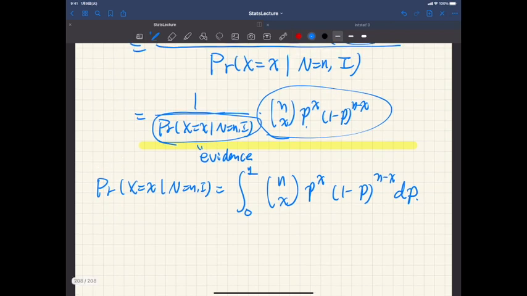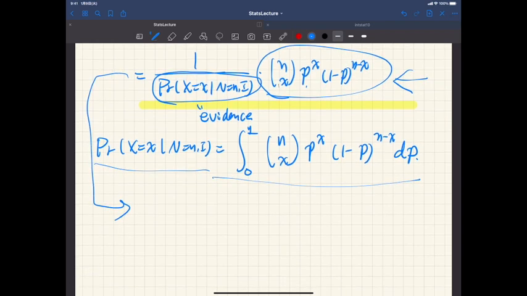If we put this expression into this equation, the n choose x part will cancel out, since it's just a constant.